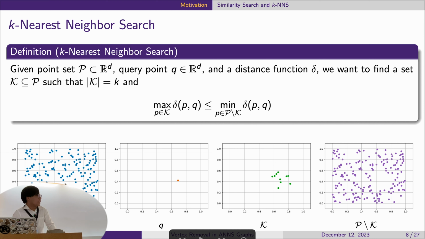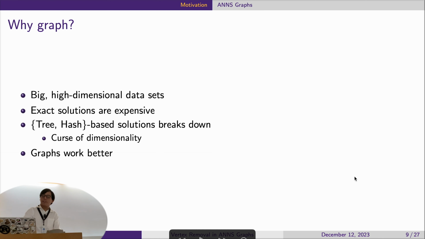This is the point set, this is the query point, and this is the set K. And I think I can easily convince you that things in here are closer than things in here, right? So that's the main idea for k-nearest neighbor search.